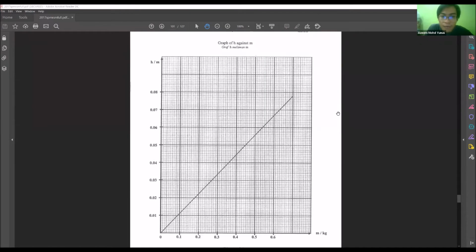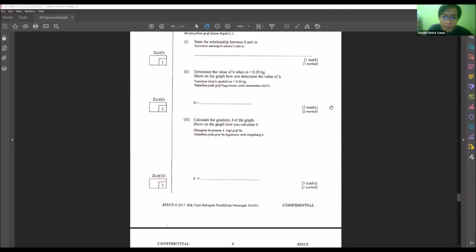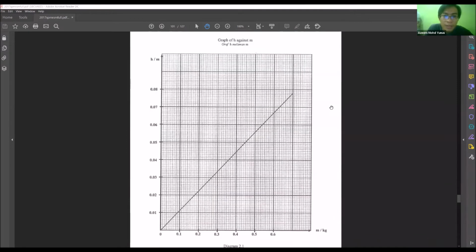So 0.20 on the x-axis, dotted line, and then until it touches the y-axis. So let's count how many. Basically, this is 10 units, 0.001.